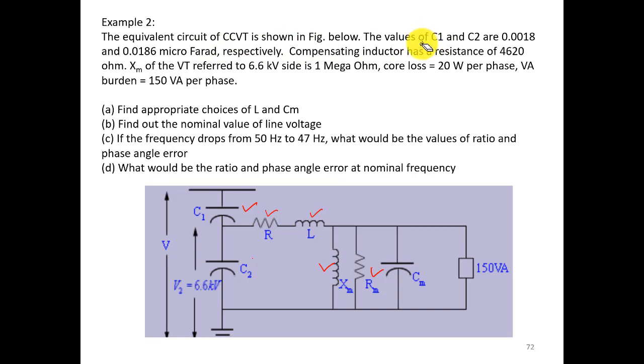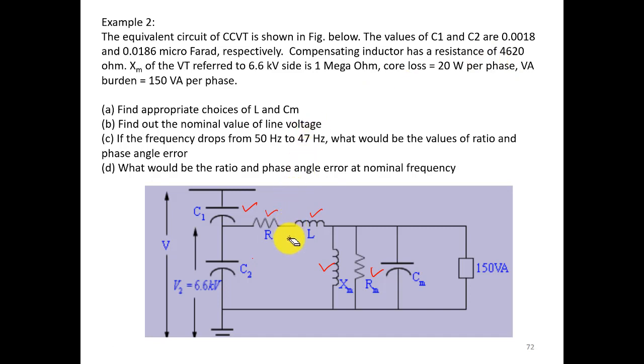The values of C1 and C2 are 0.0018 and 0.0186 microfarad respectively. Compensating inductor has a resistance of 4620 ohm, right? So that is the resistance of the compensating inductor.